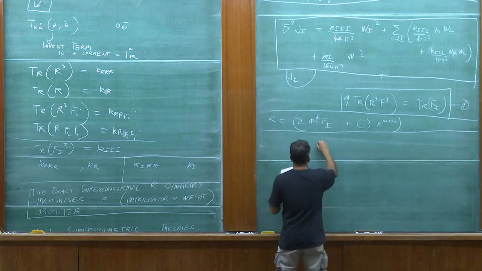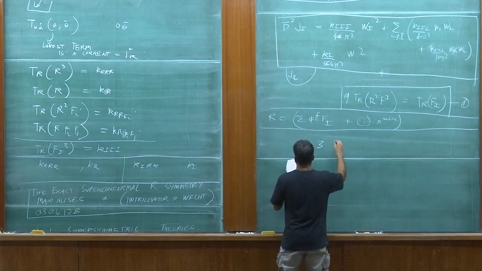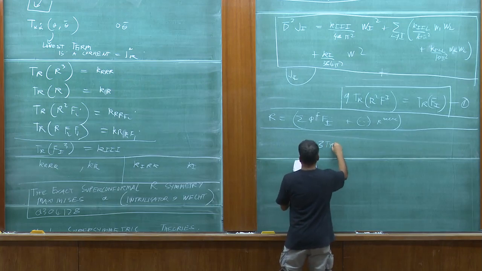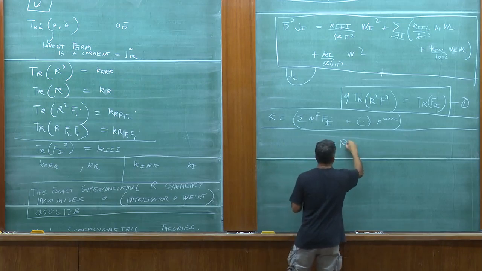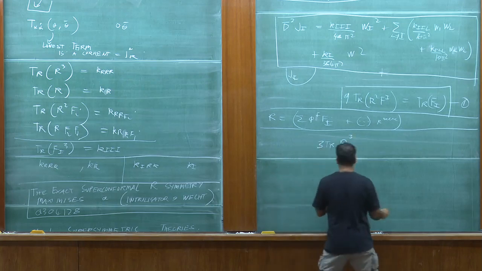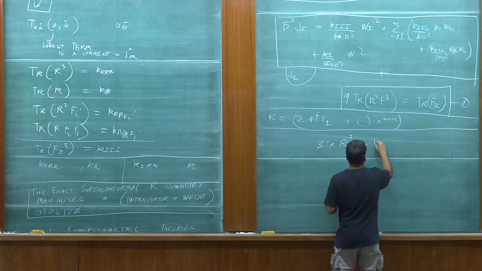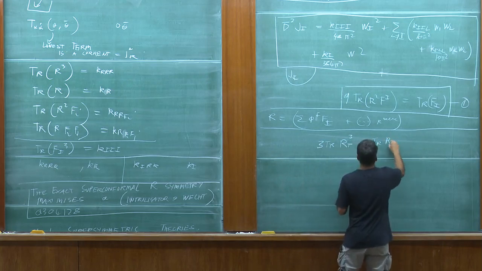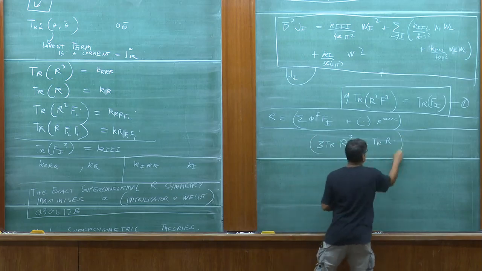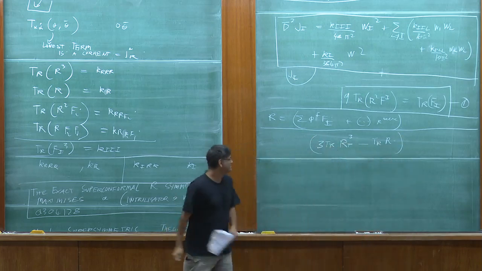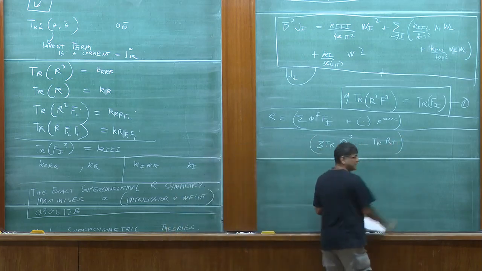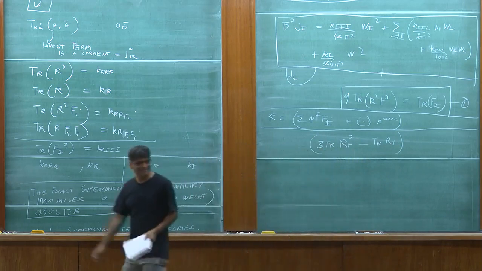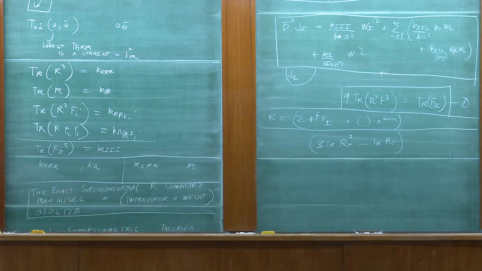Consider the following object, this functional built out of trial R charges.